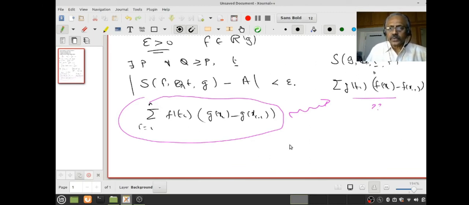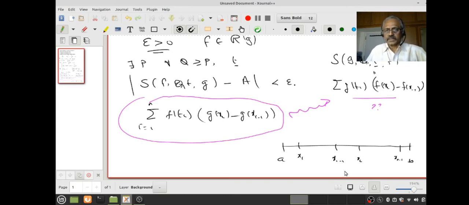Let us have the interval a to b, with points x1, and so on, xi minus 1, xi, and xn minus 1, and so on. I have a ti here. From here I want to go here. Notice that I want g of ti minus g of ti minus 1, but then I want f of xi minus f of xi minus 1. Do you get some idea how to do that?